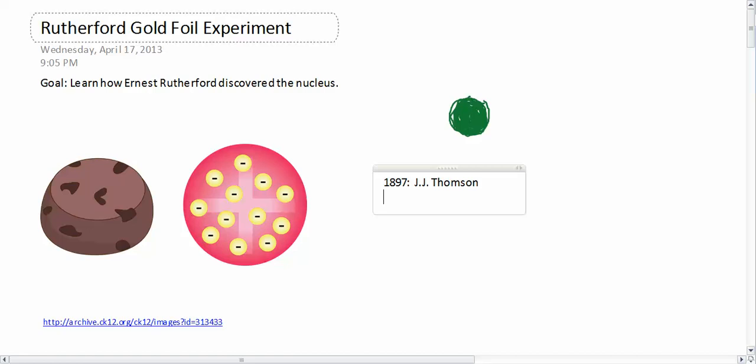So again, previous to J.J. Thomson, everyone thought the atom was just a tiny, tiny little solid sphere. But J.J. Thomson discovered electrons. Now we know that electrons are inside the atom, so they have to be smaller. And that's what J.J. Thomson realized, was that inside of an atom are these tiny little particles that have a negative charge called electrons.